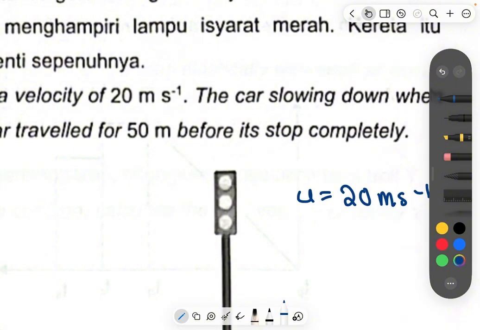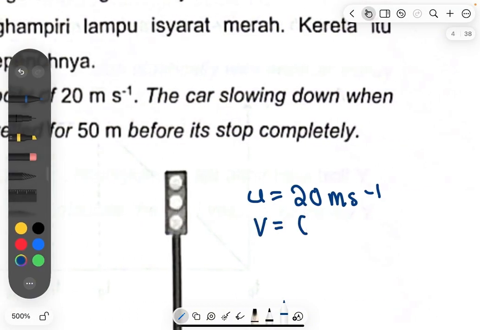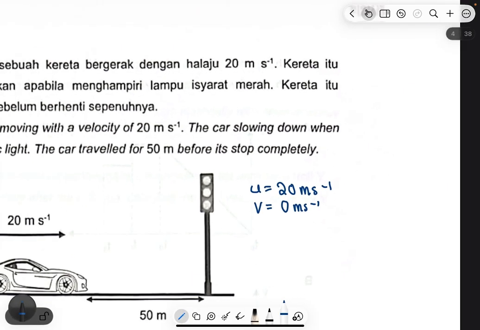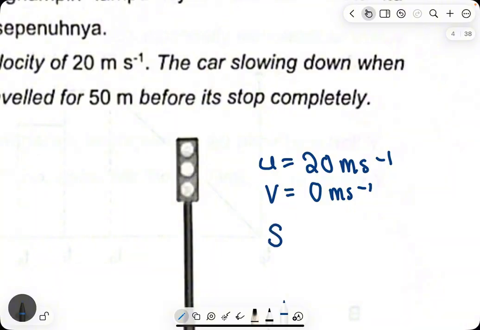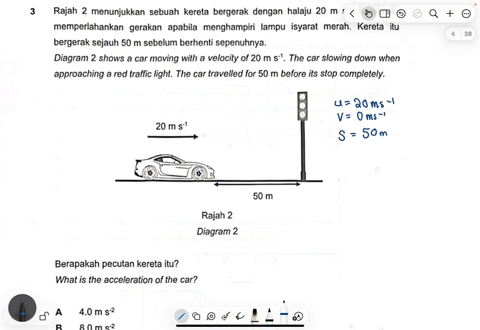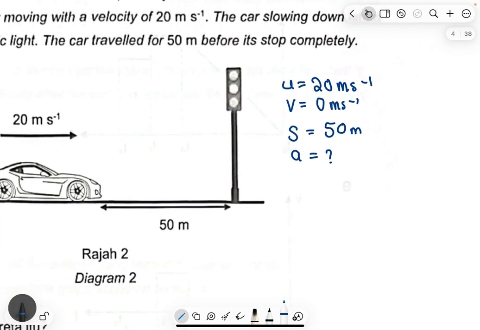So this is your initial velocity. Final velocity is 0 because it slows down. And then the car traveled for 50 meters before it stops completely. s is equal to 50 meters. And what does it want us to find? They want us to find the acceleration of the car.